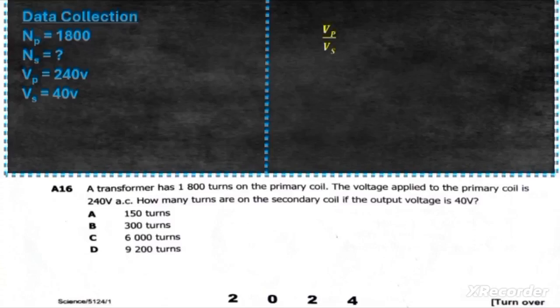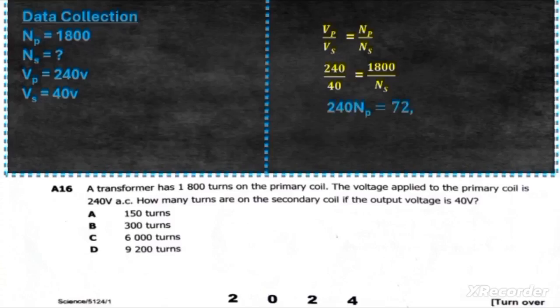So we are going to say voltage in the primary divided by voltage in the secondary is equal to number of turns in the primary divided by number of turns in the secondary. So 240 divided by 40 is equal to 1800 divided by number of turns in the secondary.